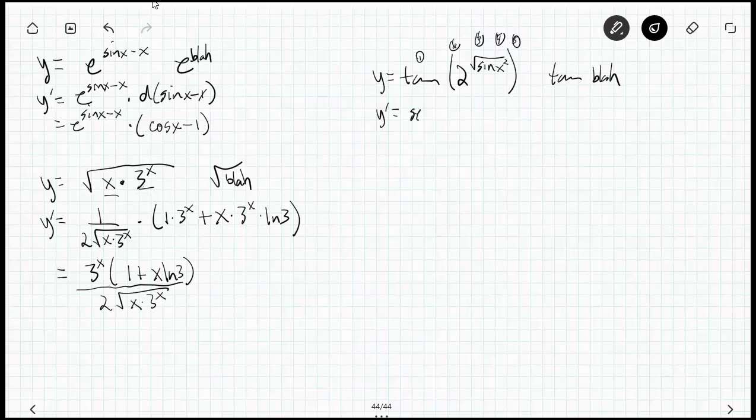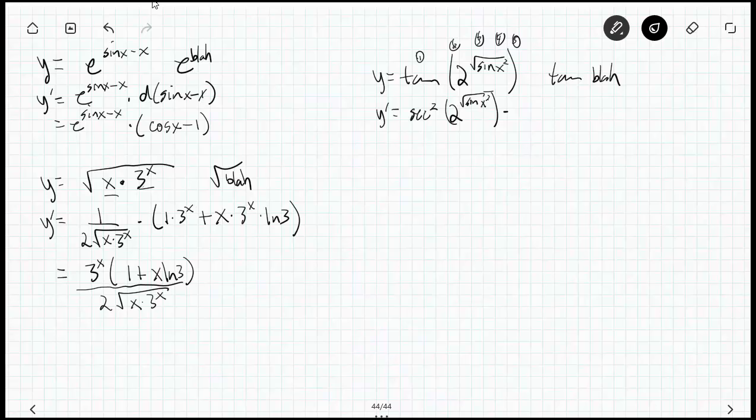Okay, so here's how it goes, really quickly. We're going to do secant: the derivative of tangent of blah is secant squared blah. So secant squared of root sine of x squared. Notice I am not taking derivatives of the inside. I'll talk about the errors that you're going to make in these if you're not careful, but I'll keep it much more simple. So secant squared blah, we got that. Now, you ready? My next one is 2 to the blah.